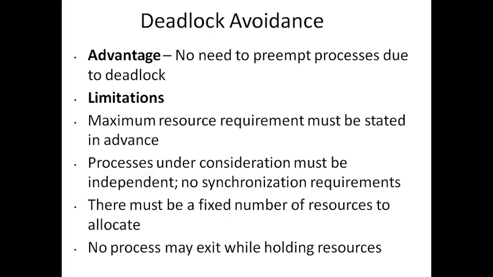Whenever a resource request is made by a process, instead of immediately allocating the resource, we just have to assess the allocation using the Banker's algorithm, whether it will lead to deadlock or not, whether it will cause an unsafe state or not. So we can implement it in any OS.